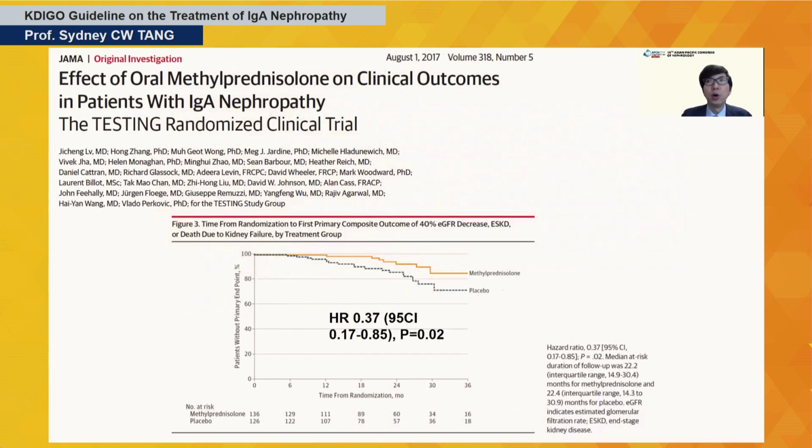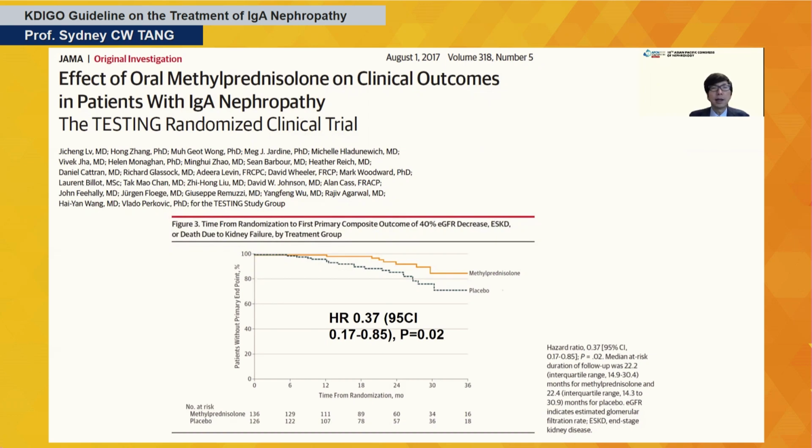Now, the reason for using corticosteroid is mainly coming from the TESTING study, the largest available RCT using corticosteroid in IgA nephropathy patients, in which patients had an average level of proteinuria at around 2.4 grams despite optimized supportive care. This level is notably higher than patients in the STOP trial, where patients had around 1.6 to 1.8 gram of proteinuria per day.